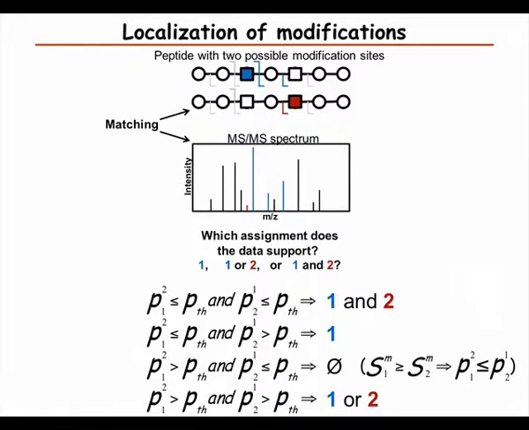Depending on the probabilities we get from this calculation, we can get either that it's a mixture of 1 and 2, or that it's only 1, or we can't tell, it could be 1 and it could be 2. We don't know. Those are the possibilities that we get.